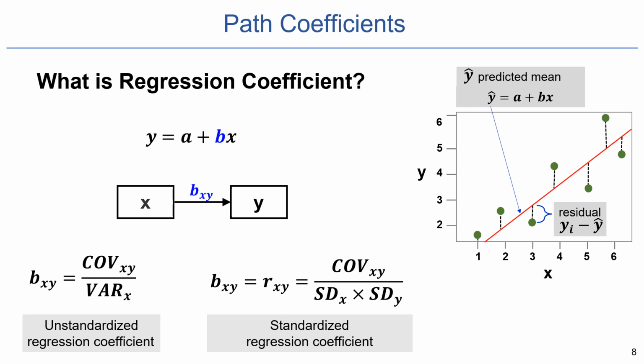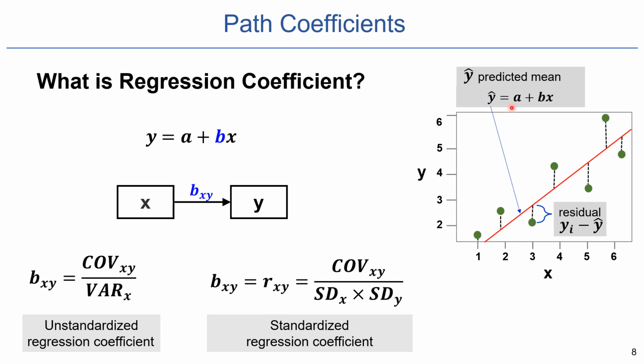But if we know the direction of the relationship between the variables, so we know which one is the predictor and which one is the response, then we rather look for the regression coefficient than for the correlation. The regression equation is shown here, where y is predicted by x. Here our data points of y are not compared to the sample mean of y, but to the predicted mean, which is predicted by our x variable.